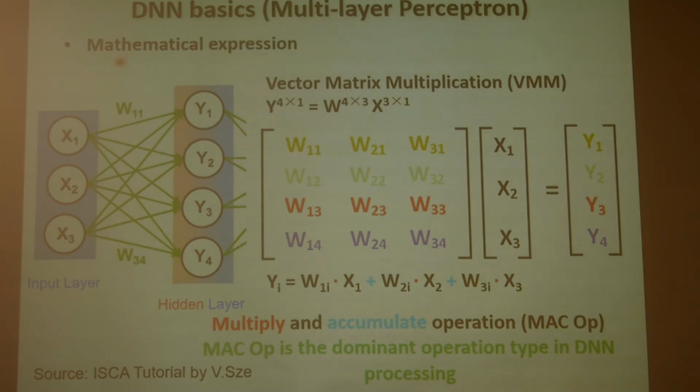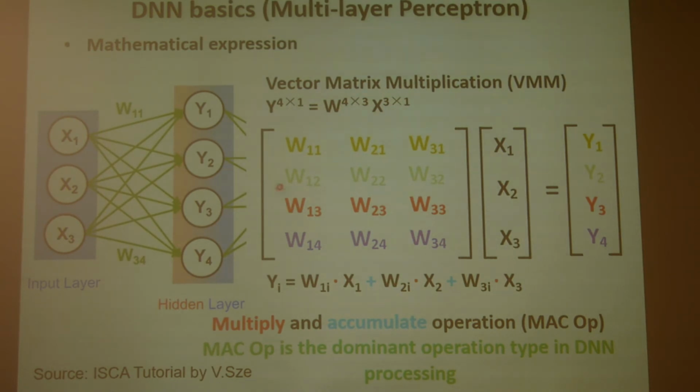Mathematically, each neuron layer is represented by a vector, which is one-dimensional, such as x1, x2, x3, and y1, y2, y3, y4. And the synapses that connect those neurons are represented by a matrix. So here we have 3 input neurons and 4 output neurons. They are connected through a 4x3 matrix, like this.